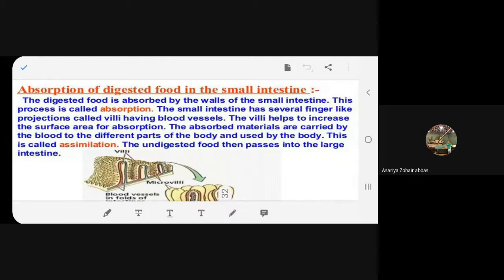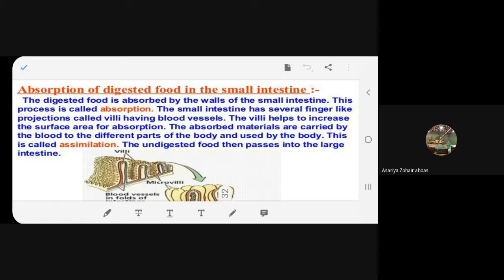The digested food is absorbed by the walls of the small intestine. This process is called absorption. The small intestine has several finger-like projections called villi having blood vessels.